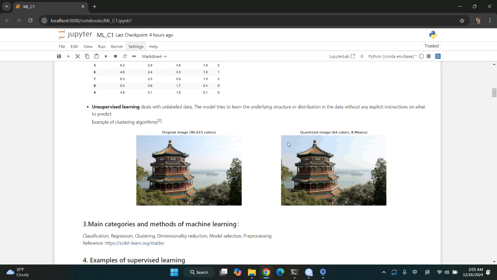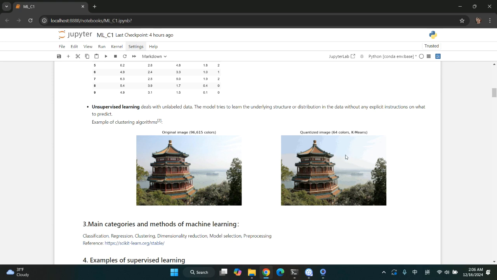We use one color to represent this cluster. And this part, also this part, and this, they are all different clusters. In total we use 64 colors, which also means 64 clusters in this picture.